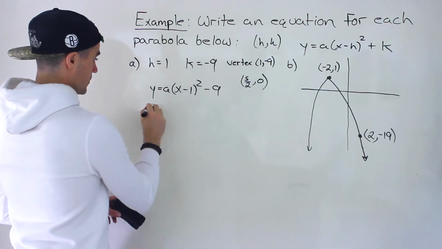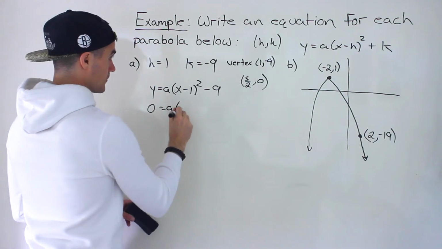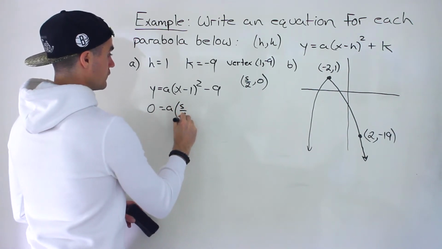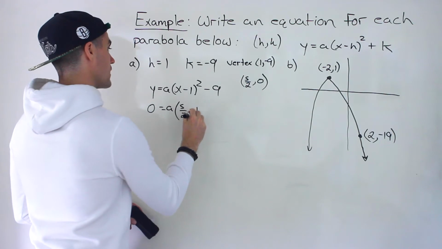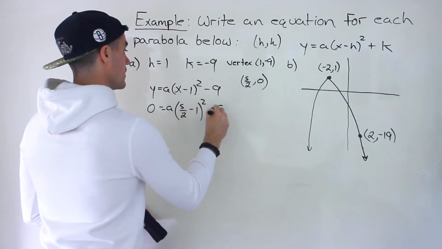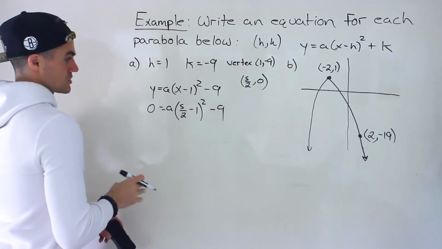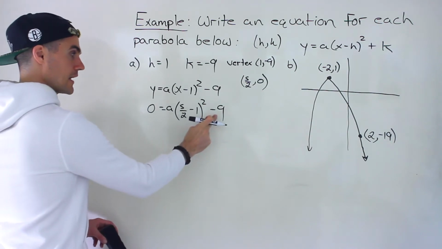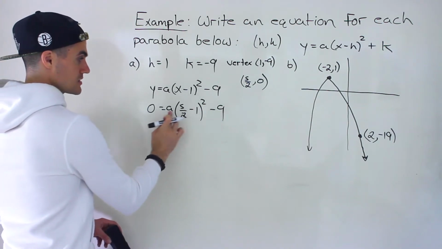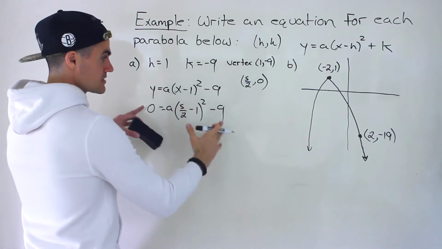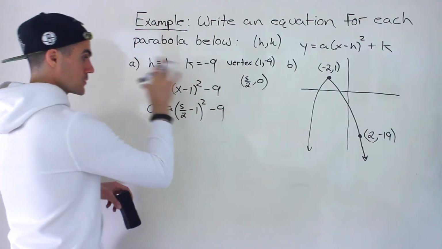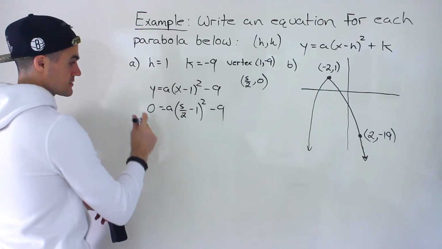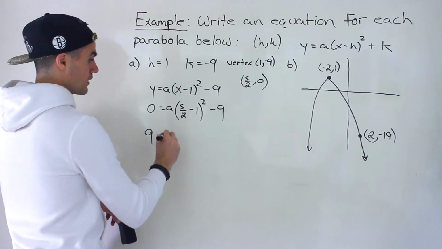So we plug in 0 for y, and then we plug in 5/2 for x, then we've got (5/2 - 1) squared, -9. So just be very careful with your algebra here. Now the -9 is not attached to this. Notice these are multiplying, so we can't just split stuff out, but the -9 is by itself, so we could bring it over. So 0 plus 9, we'd have 9 over here.